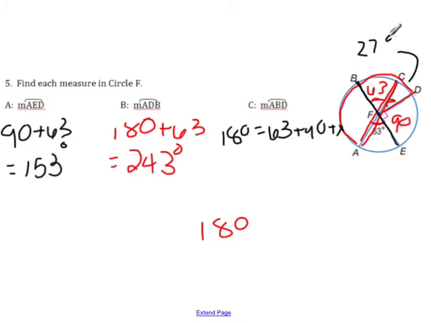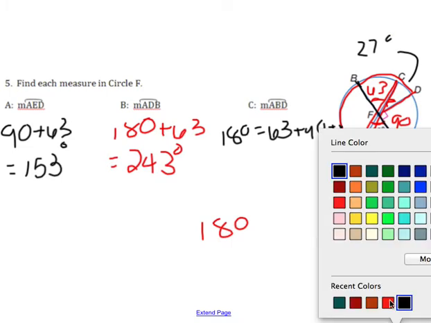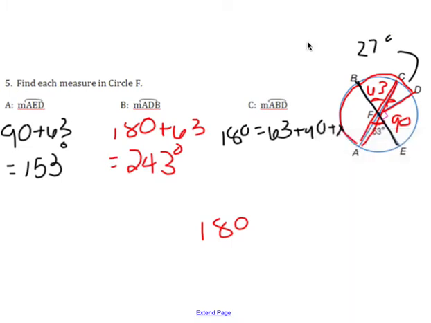Now if we go back and complete our problem, we have this original semicircle for the 180, and then to get to the rest of D, we need to add that portion there, which is 27. So we get 180 plus 27, and that's going to give you 207 degrees.